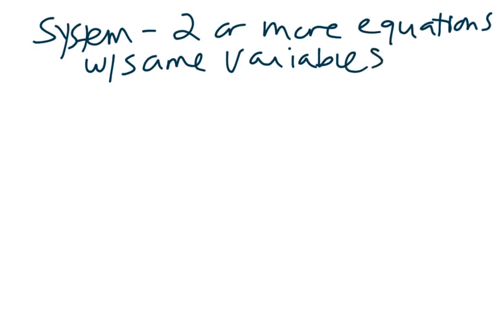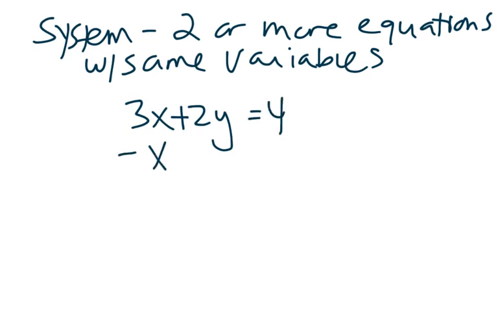So for example, 3x plus 2y equals 4 and negative x plus 3y equals negative 5. This would be two equations with the same variables x and y.